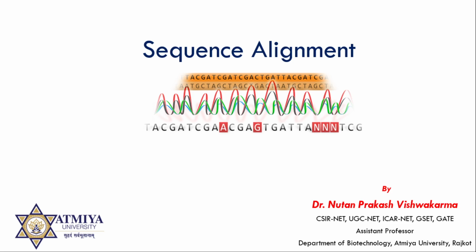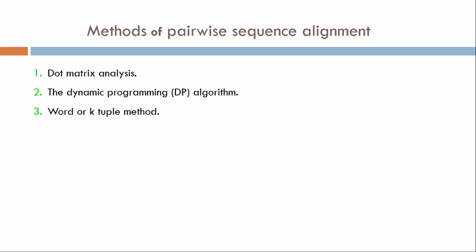That was the first attempt to solve the sequence alignment problem, but the limitation of dot matrix analysis was the human supervision, it was more time consuming, and the processor takes a lot of time to calculate. At the end we get only qualitative data.